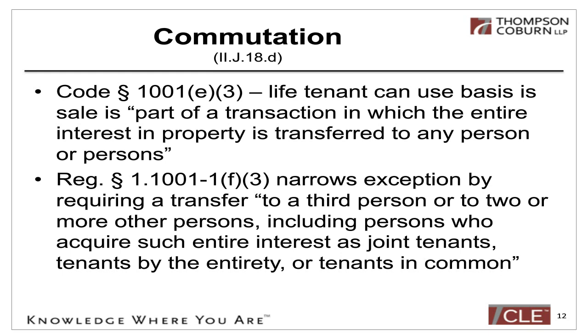Now, that may not be okay, because are you transferring the entire interest in the property? The remainderman already owns part of the property, so are you really transferring the entire interest? So I'm not totally sure whether a sale to the remainderman would do the trick or not, but I'll get into the policy reasons in a moment.